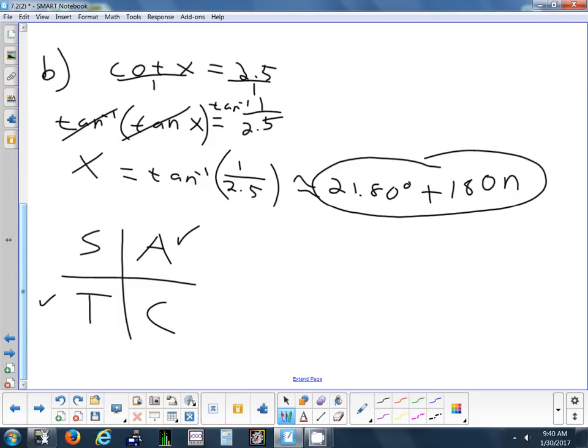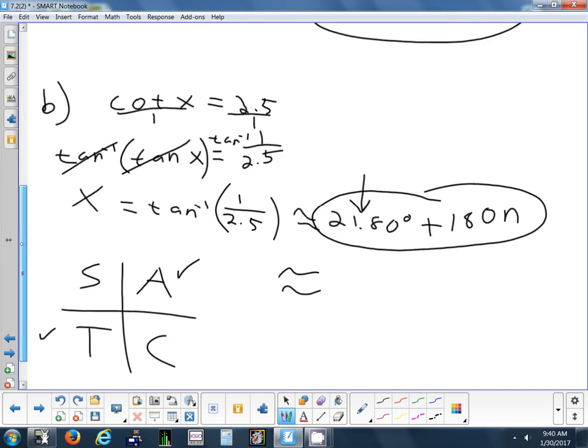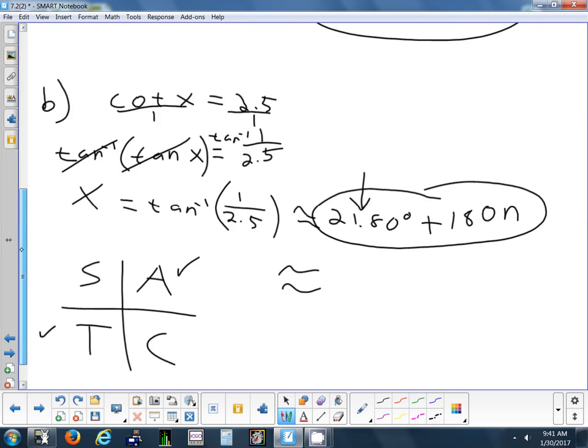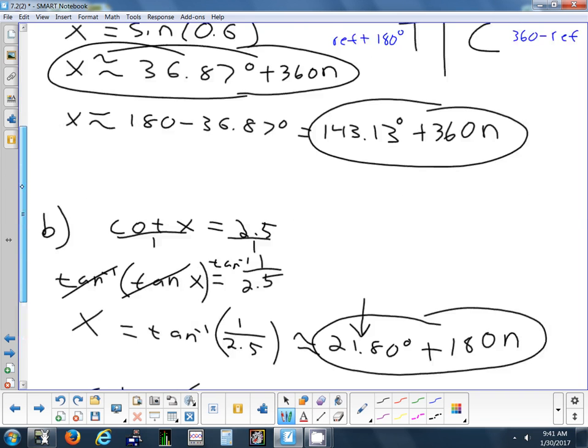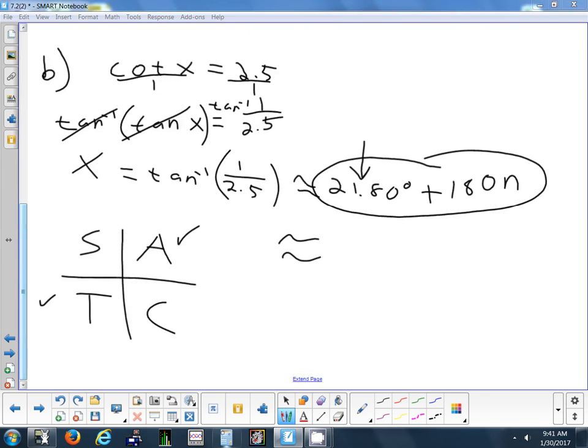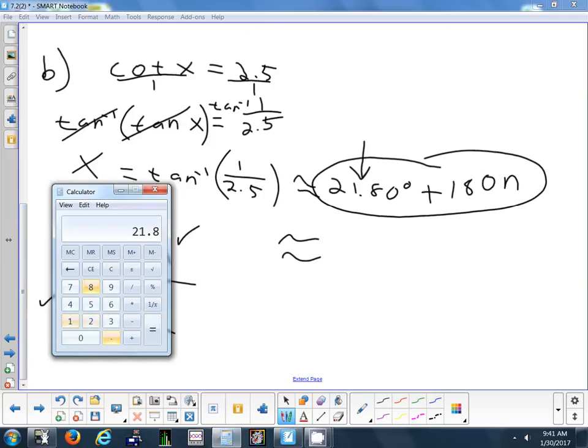Third. So I'm looking for a third quadrant answer. Here's my reference angle. What do you do to get an answer in the third quadrant? You add 180 to your reference angle. You just have to memorize that. So add 180, and we get 201.8.